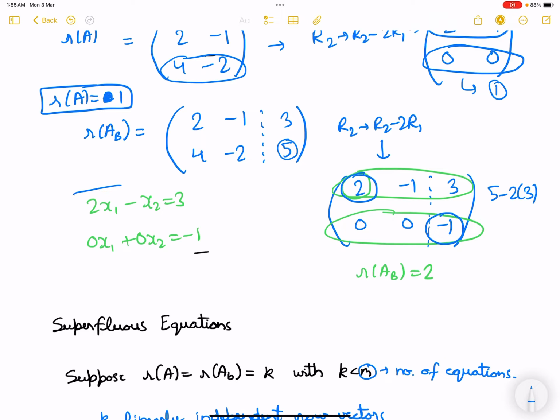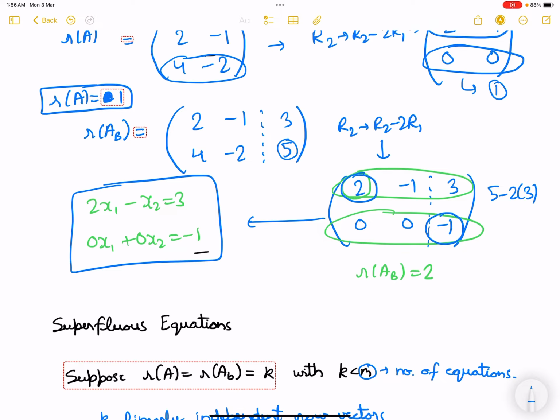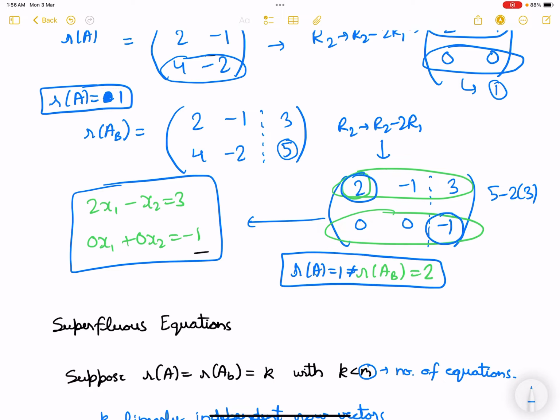But now, according to our theorem, since the rank of A is 1, which is not equal to this, the solution does not exist, or the system of equations is not consistent.